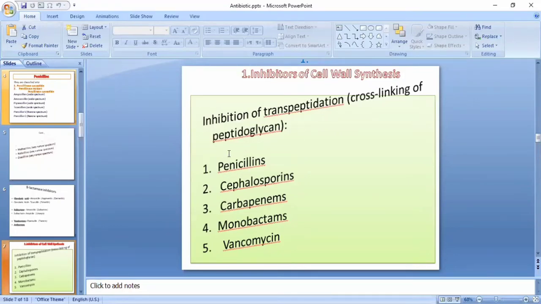So the penicillins, cephalosporins, carbapenems, monobactams, and vancomycin are the inhibitors of the cell wall. We have described the penicillins. Let us come to describe the cephalosporins.